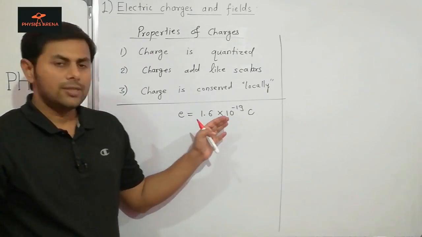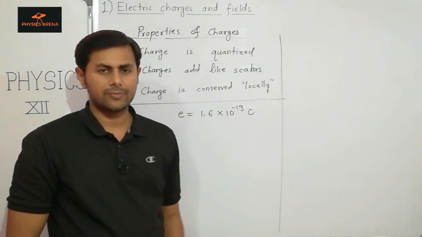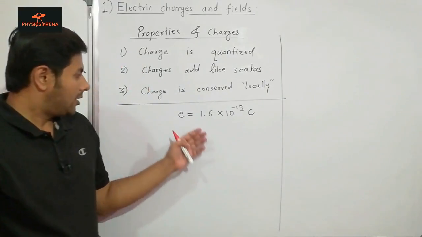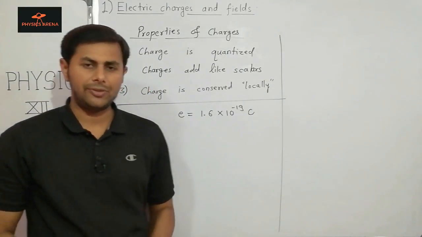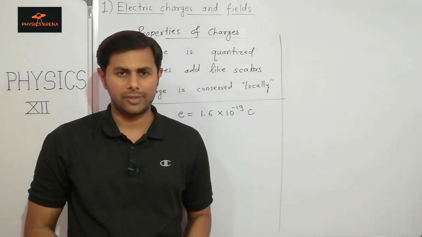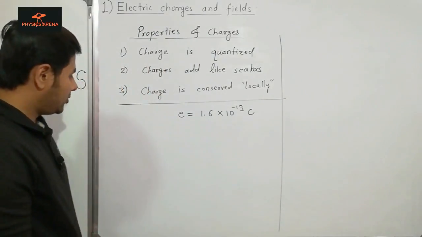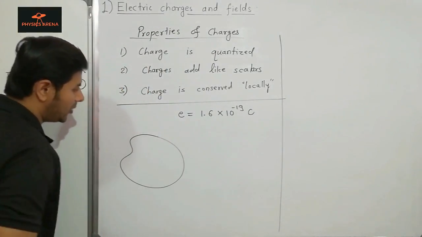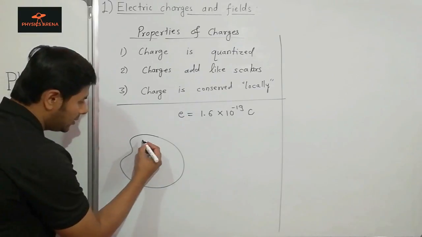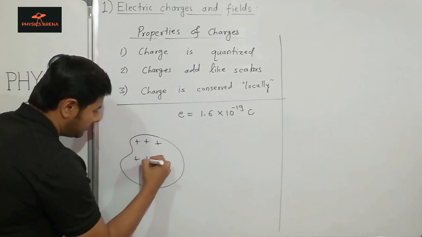This is the charge on an electron, it is negative, and the same is the magnitude of charge on a proton, it is positive. Now suppose we have any body which has some charge.